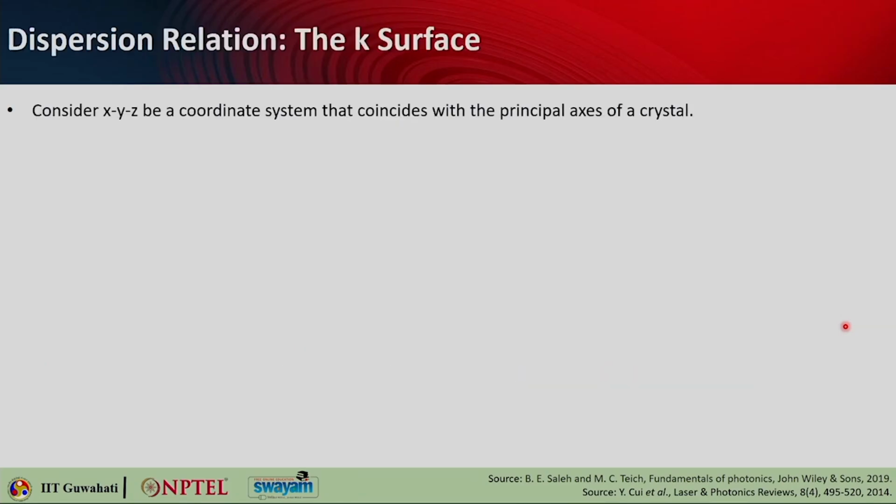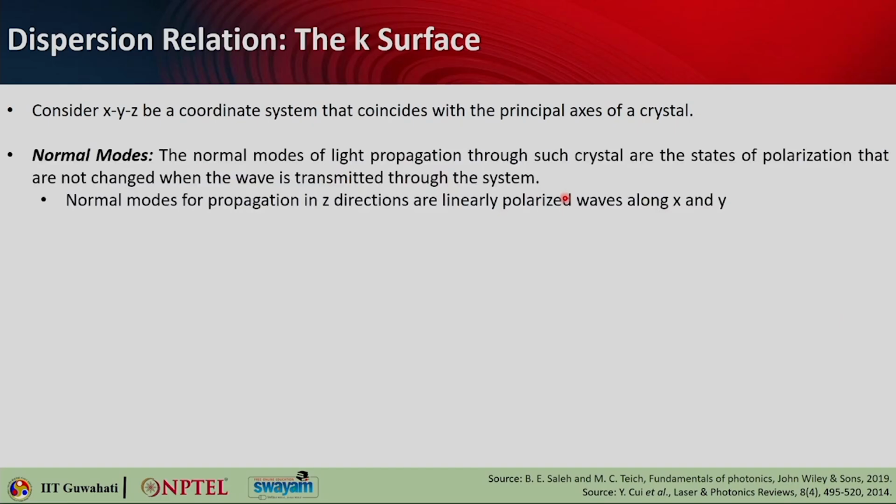The next important concept is the dispersion relation, the K surface. So, consider xyz to be a coordinate system that coincides with the principal axis of a crystal. Now, you are considering light propagating through it. What will be the normal modes? The normal modes of light propagation through this kind of crystal are basically those states of polarization that are not changed when the wave is transmitted through the system.